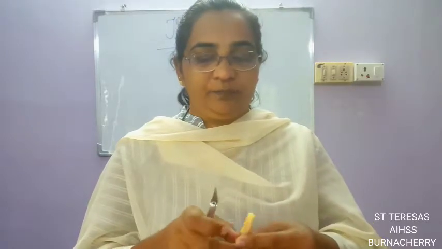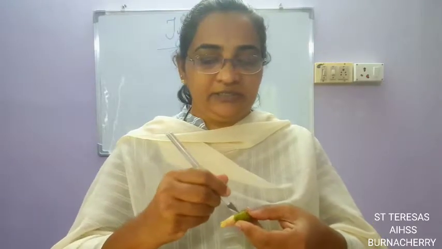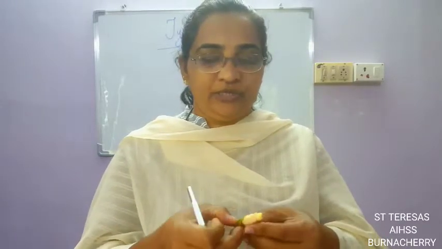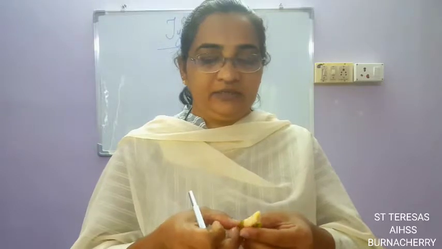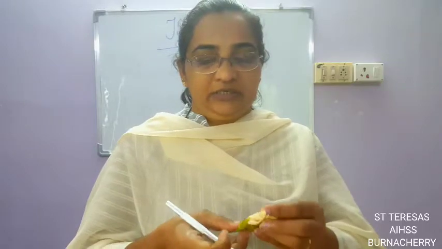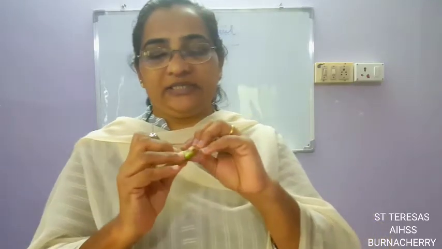So I am cutting open the lady's finger flower for you, to show you what is happening here. Now, in this lady's finger, if I cut open, can you see this?